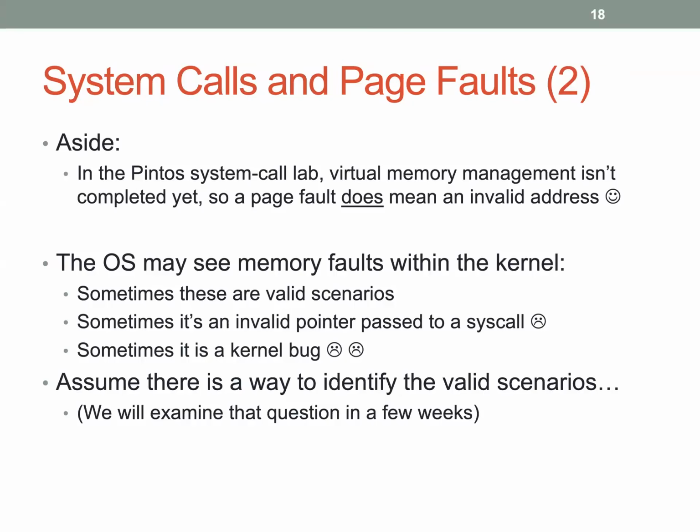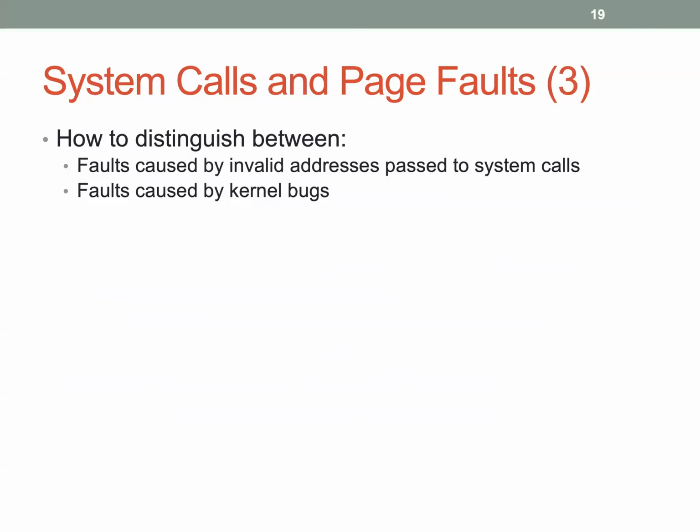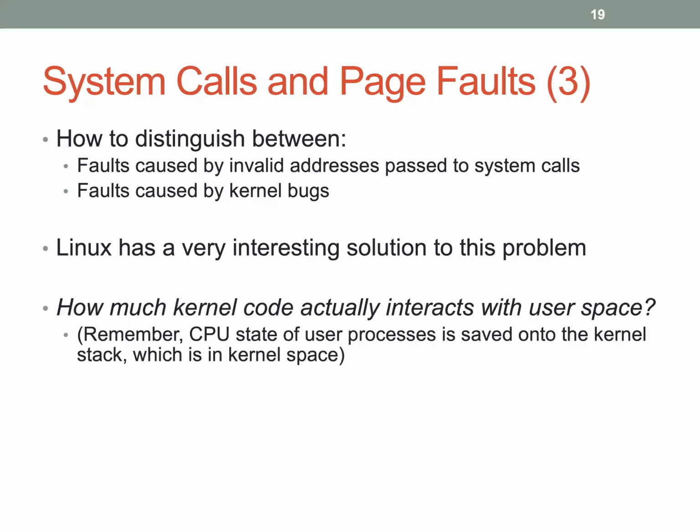And the question is, how do we identify the difference between an invalid pointer passed to a system call and a kernel bug? I wanted to talk to you about this part because it's a very interesting mechanism. Linux has a pretty clever solution, and it will inform how you should think about your system call implementation as well.